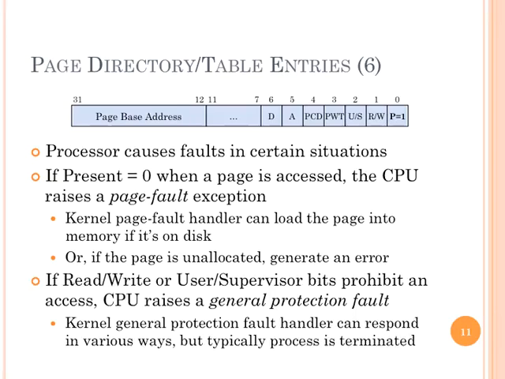Now, you also have the possibility that the access is to a valid mapped page, but the permissions might not allow it. So maybe you're trying to do a write to a read-only page, or you're in user mode and you're trying to access a kernel space page. Well, in those cases, you get a second fault that's generated.